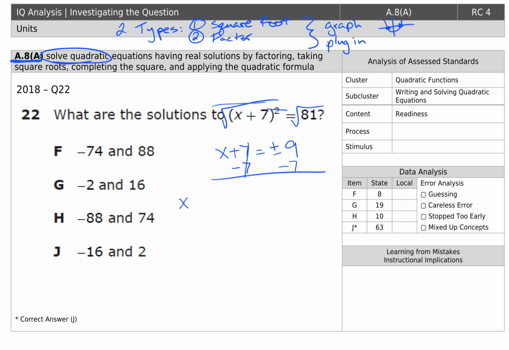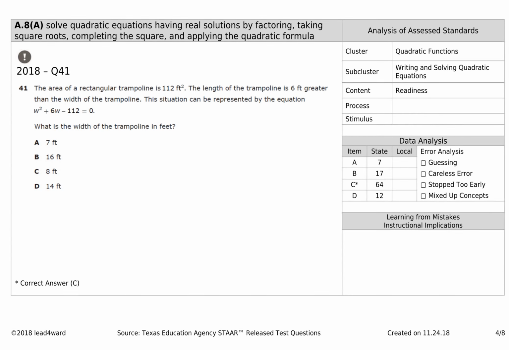And we're left with x is equal to both a positive 9 minus 7 and x is equal to a negative 9 minus 7. 9 minus 7 is equal to 2. Negative 9 minus 7 is equal to negative 16. The answer is J.